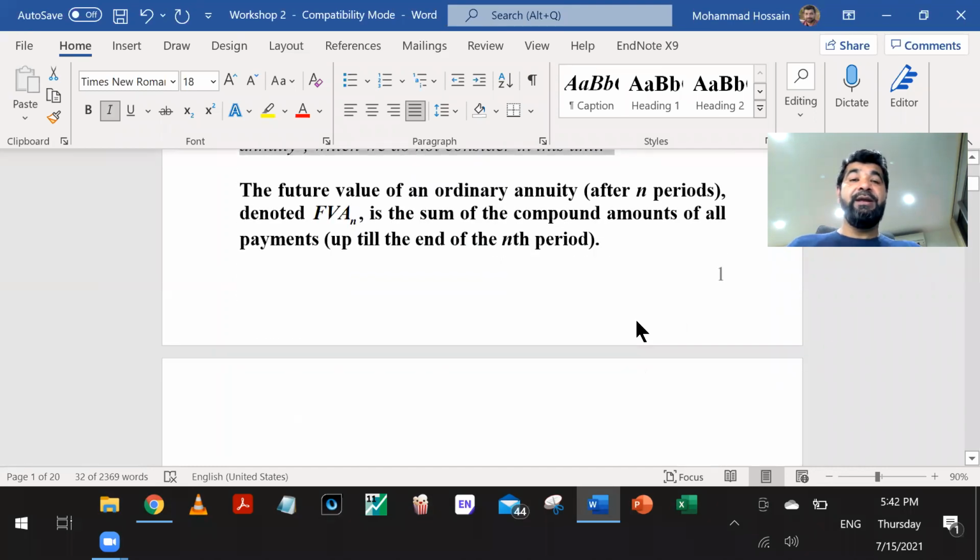This is the future value of an ordinary annuity after n periods, denoted FVA. When you see A at the end, that means annuity. It is the sum of the compounded amounts of all payments till the end of the nth period.